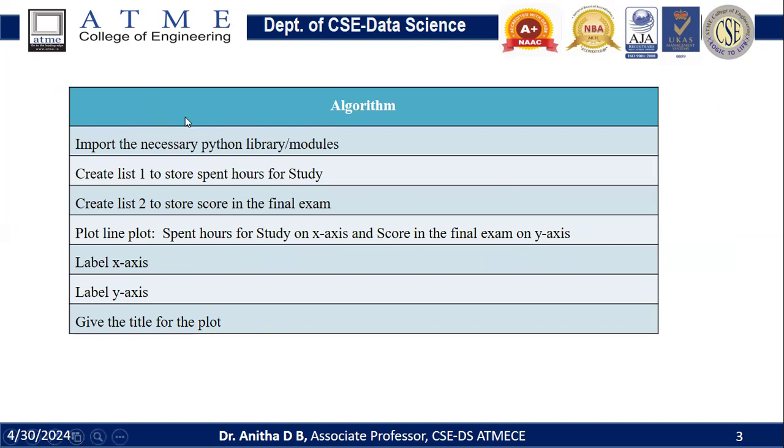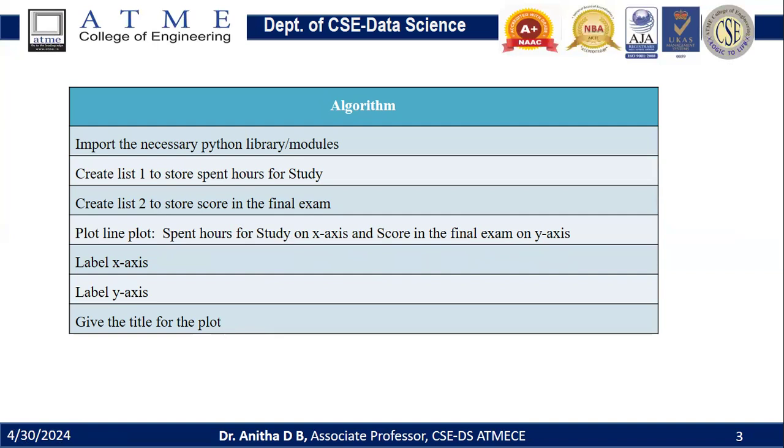Then create a list to store score in the final exam. Then the next step is plot line plot, that is spent hours for study on x-axis and score in the final exam on the y-axis. Then label x-axis, label y-axis, give the title for the plot, and this is the algorithm.